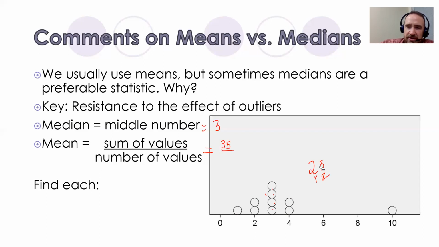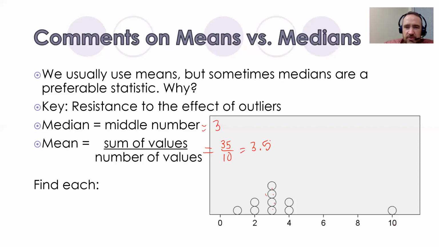In my sum of values of 35, that 10 played a big role. If it had only been 5, my sum would have been 30. So it makes a big difference whether this is 10 or 5 or 100. That changes the total for the mean quite a bit. How many do I have here? 1, 2, 3, 4, 5, 6, 10. So my mean is 3.5.